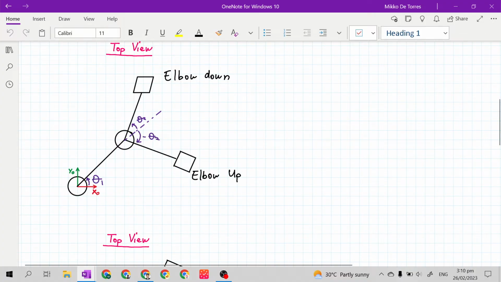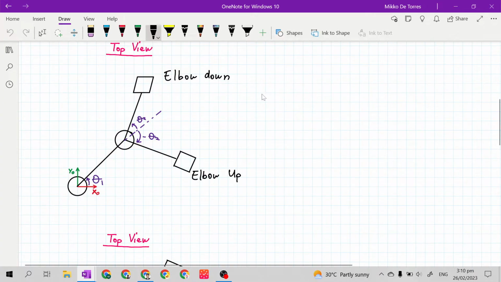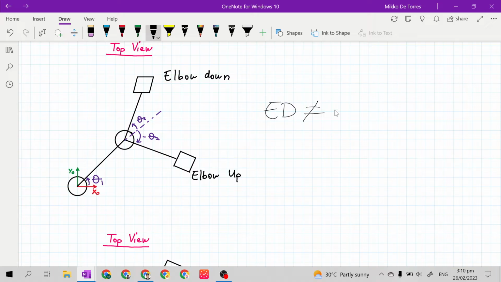You may choose only one of these two configurations, but remember, the solution for the elbow down is not equal to the solution of elbow up, but we may use either of the two solutions. So we will choose the elbow down for the SCARA manipulator. So we will use the positive angle.